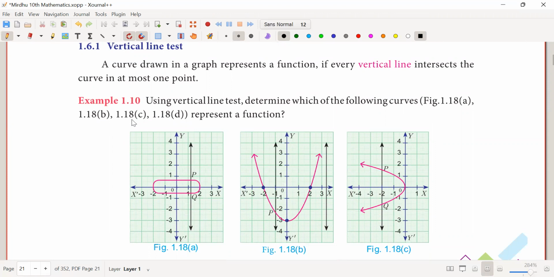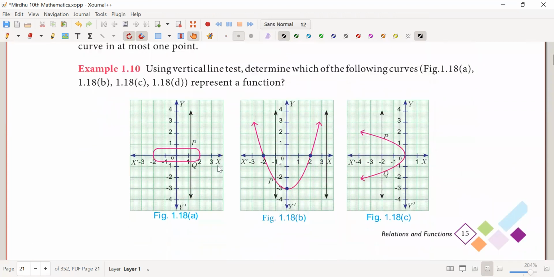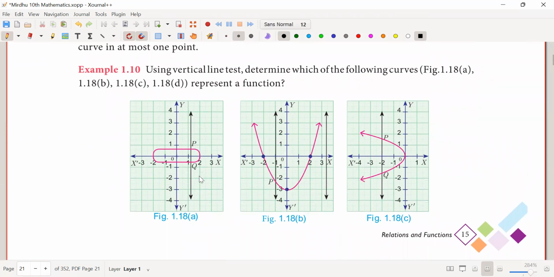Curves A, B, C. See here, for this value of x, if I draw a line, I'm getting 2 images. So this is not a function. For this, if I'm drawing a line here, it cuts in only one place.